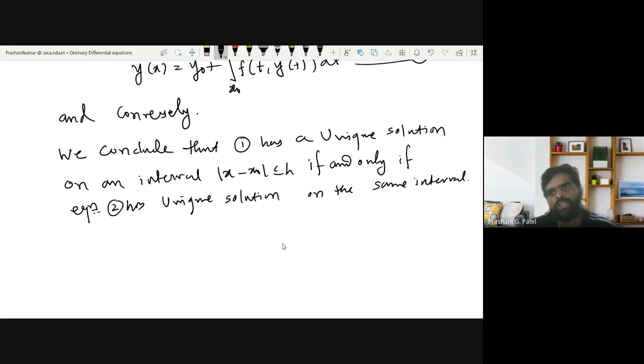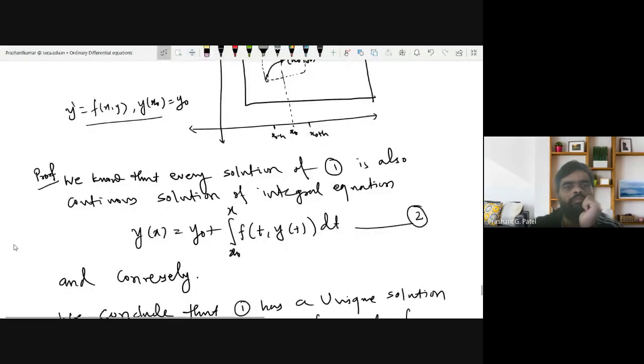So ultimately, if we are able to find the solution of equation 1, it is equivalent to saying that the solution of equation 2 is there.